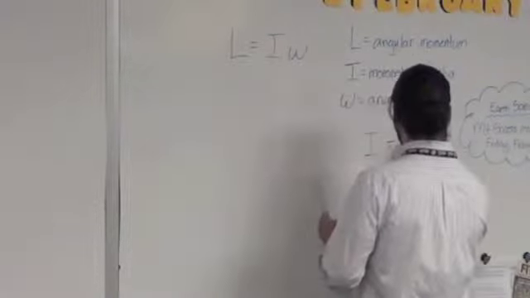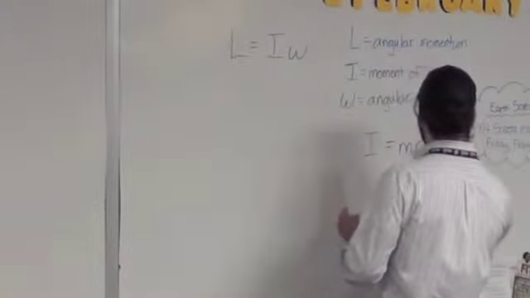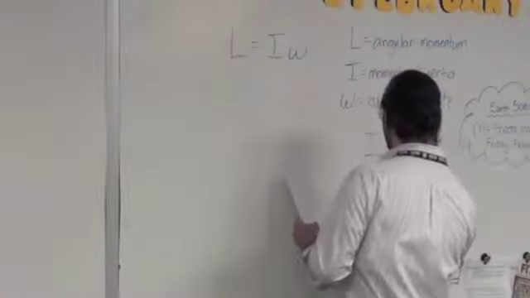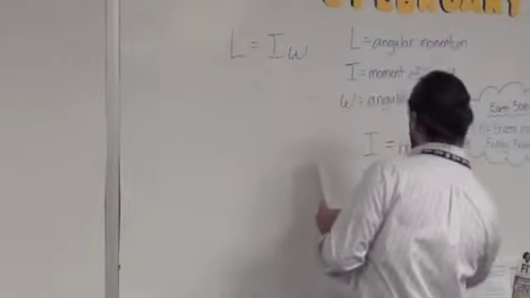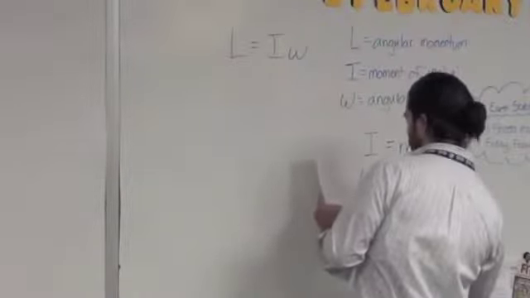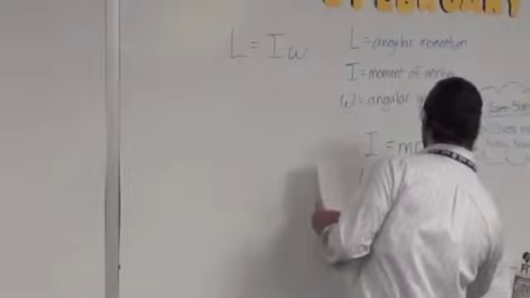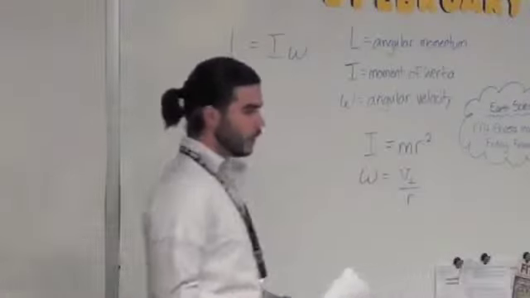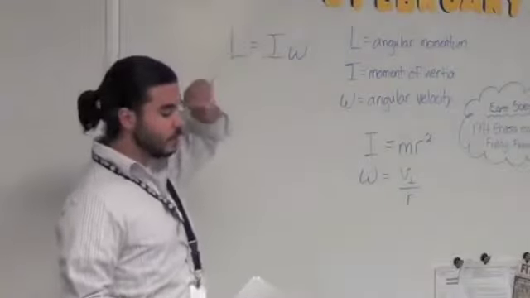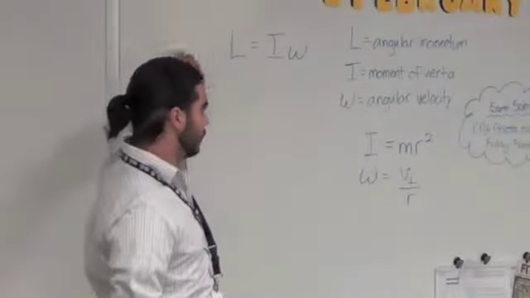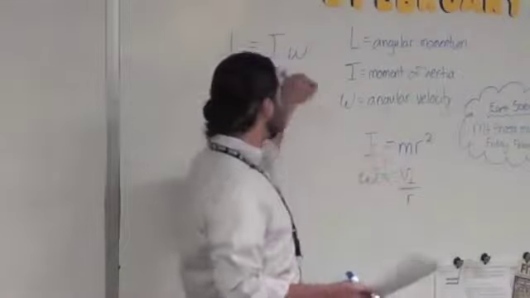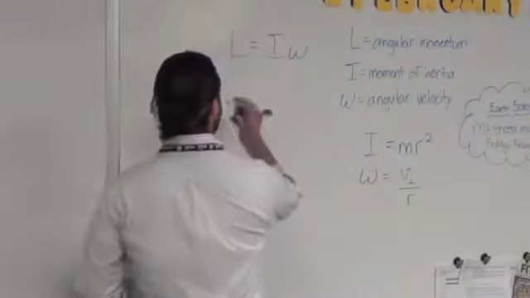I is given by the mass times the radius squared. The angular velocity is also given by the tangential velocity divided by r. If you start out with this equation, you can substitute these things in for these terms.